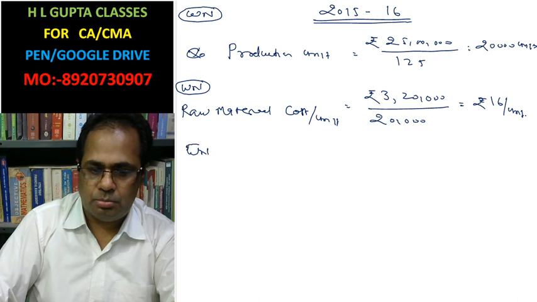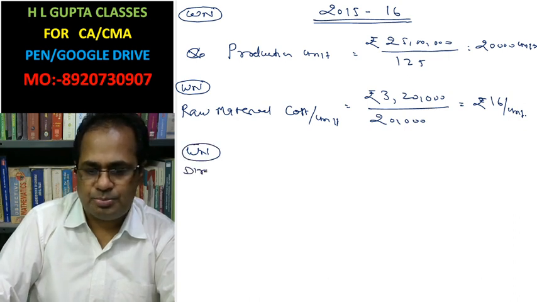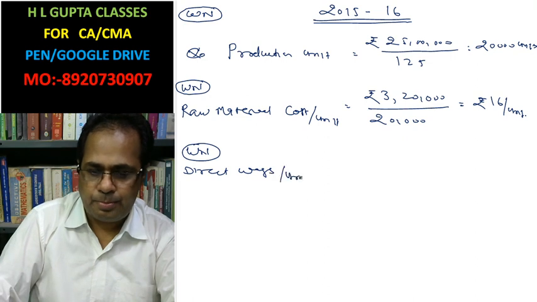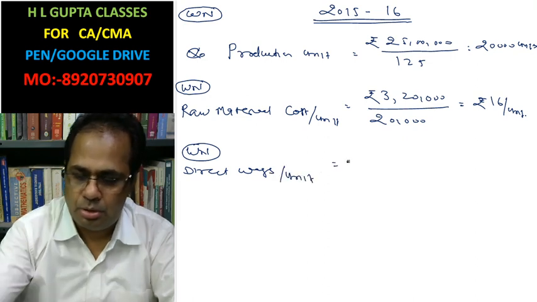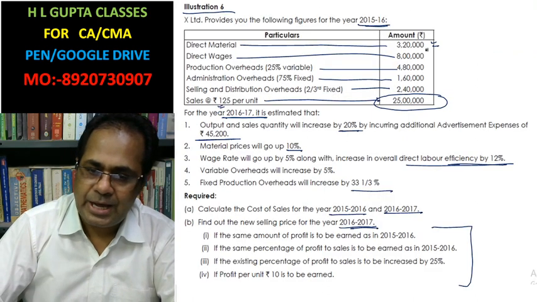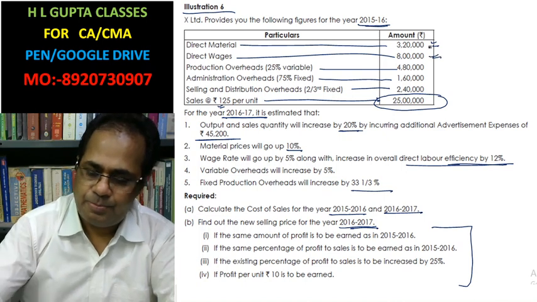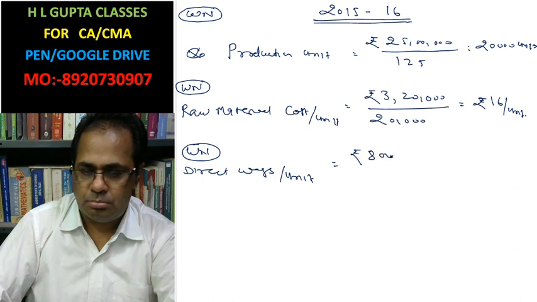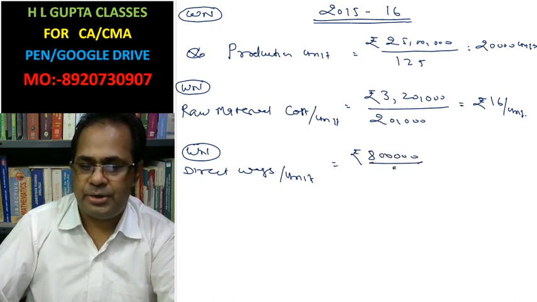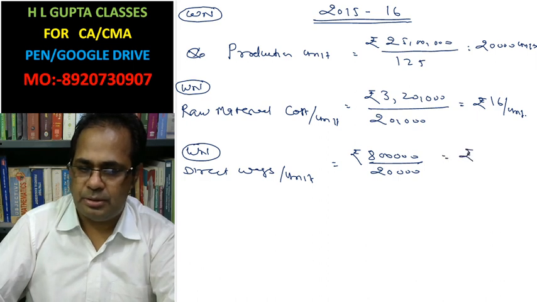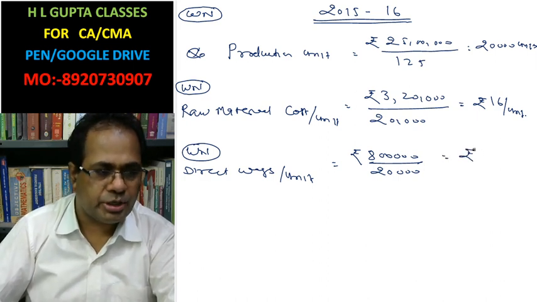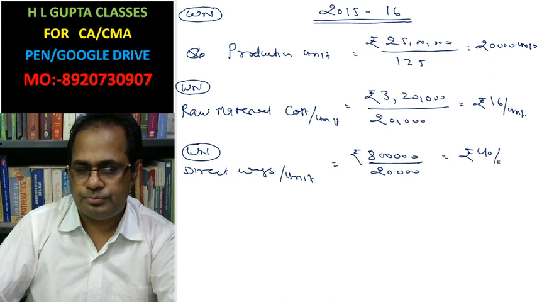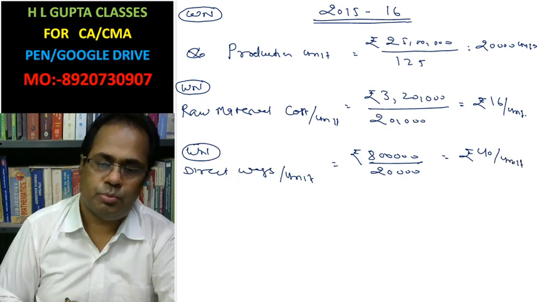Working note: direct wages per unit. Look at your direct wages. Direct wages are 8 lakhs. So rupees 8 lakh divided by 20,000. This is rupees 40 per unit.